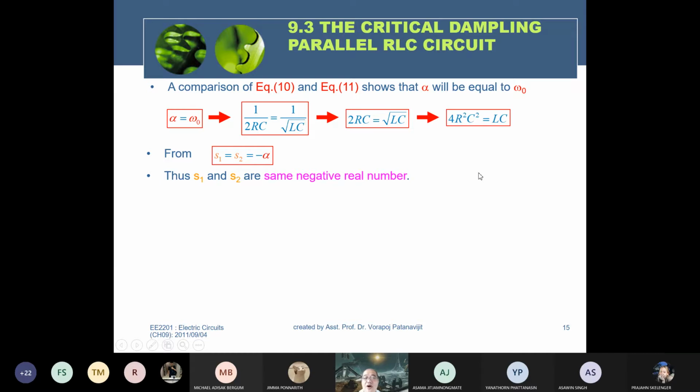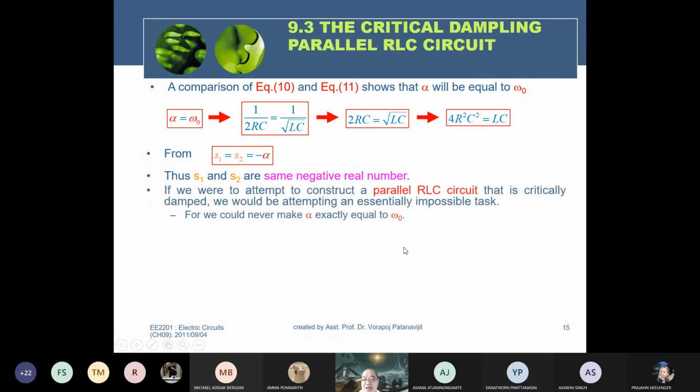Now for the critical damp, alpha equals omega, therefore S1 equals S2. S1 and S2 are the same negative real number. If we were to attempt to construct a parallel RLC circuit that is critically damped, we would be attempting an essentially impossible task, for we could never make alpha exactly equal to omega in the real world.